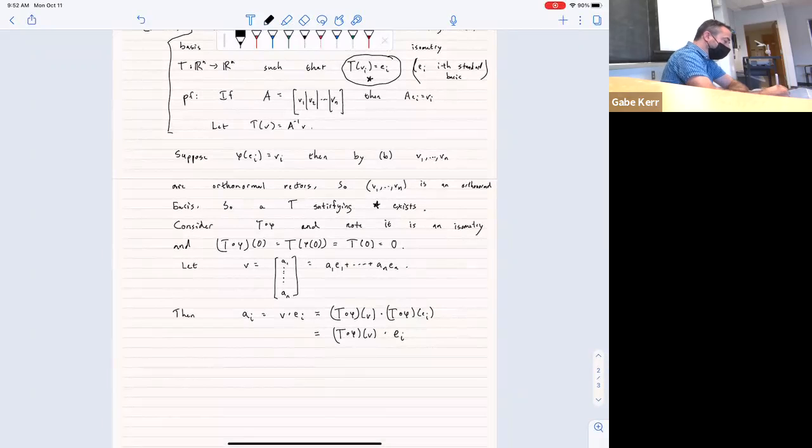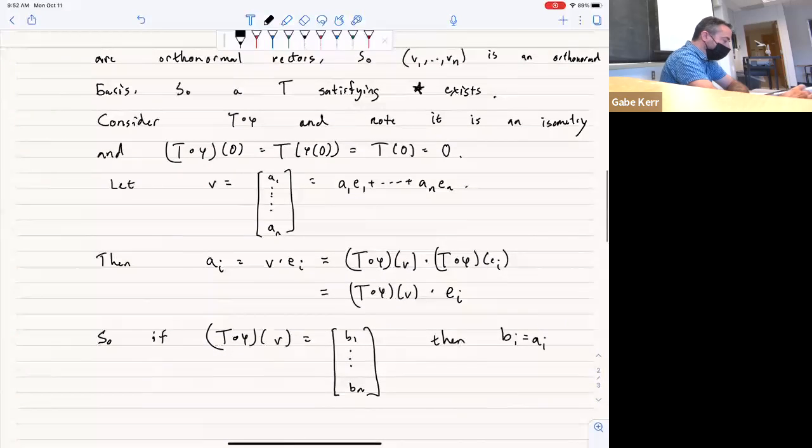So we look at this composition, say equaling X1 through Xn. Then EI equals AI. Am I right?